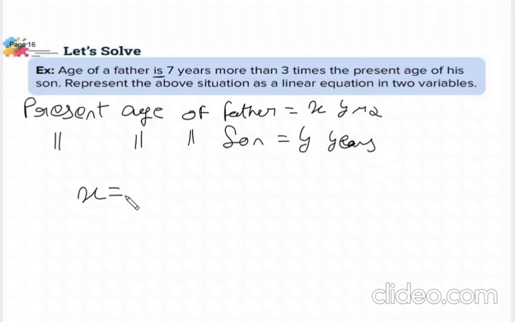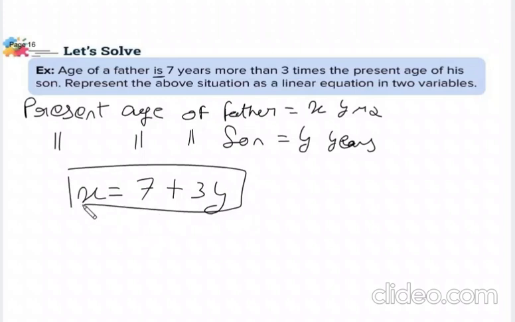So 7 plus 3 times the son's age, that is 3y. So what linear equation do we get? We get x = 7 + 3y. If you want to write in the exact form, we will write it as x - 3y - 7 = 0. That is the linear equation.